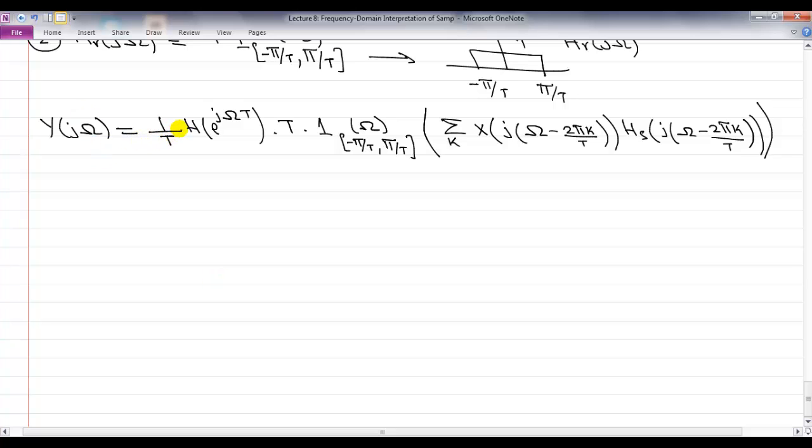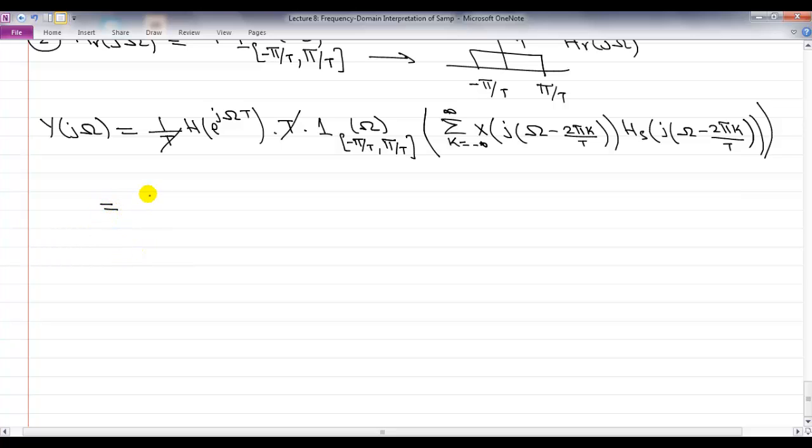So of course this T cancels with this T. Now I'm going to write these indices, which go from minus infinity to infinity, as the index for k equal to 0 and k not equal to 0.